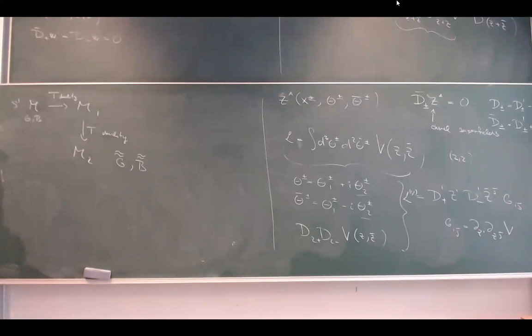And so we confirm this in the 2,2 picture. We have a specific example where we have G and B which admit a 2,2 description. So there is a generating Kähler potential for it, and I'll write it down here.